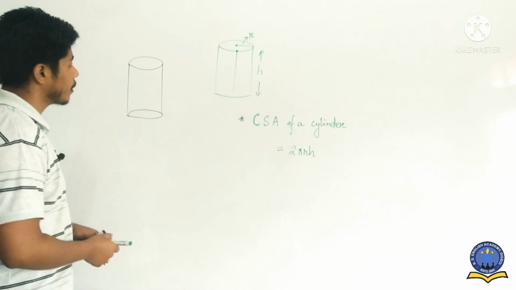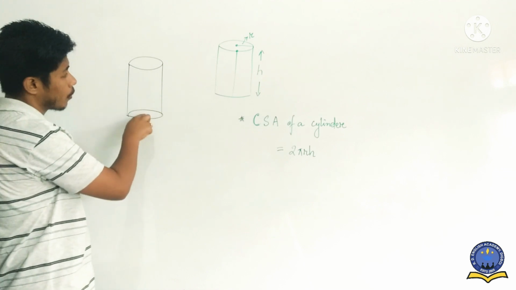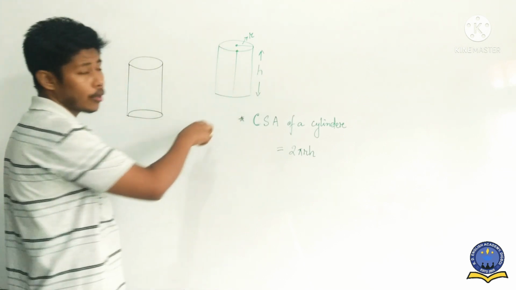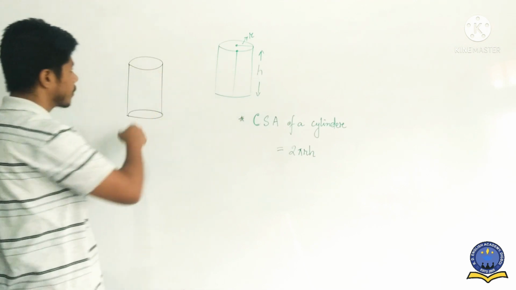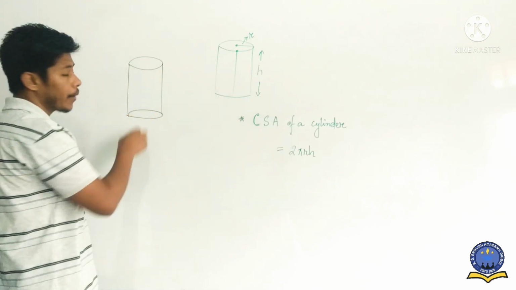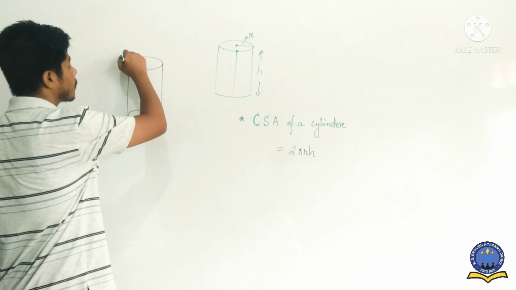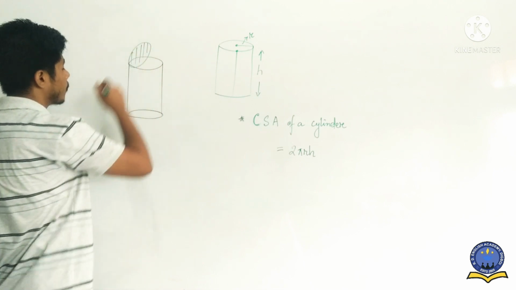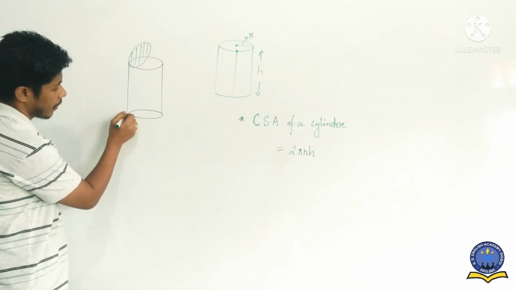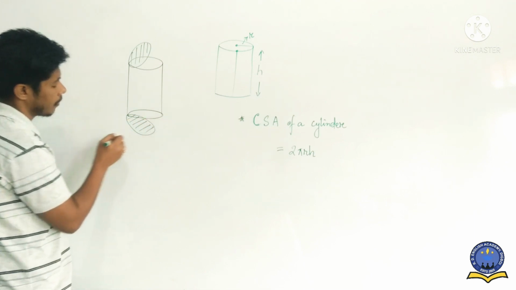So next, if we close the top and the bottom part, because here the top and the bottom are totally open, this is a hollow cylinder. If we close both top and bottom in this way, the top part we close by one circle, and the bottom we close by another circle.